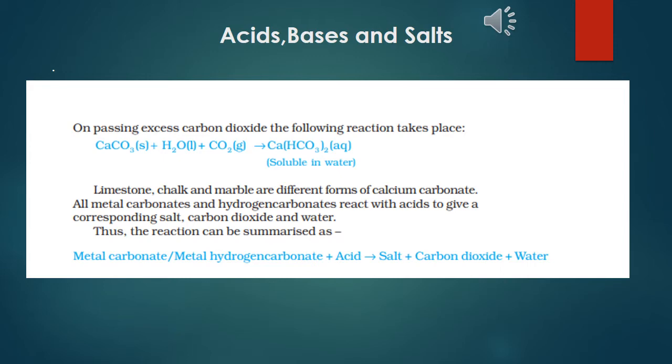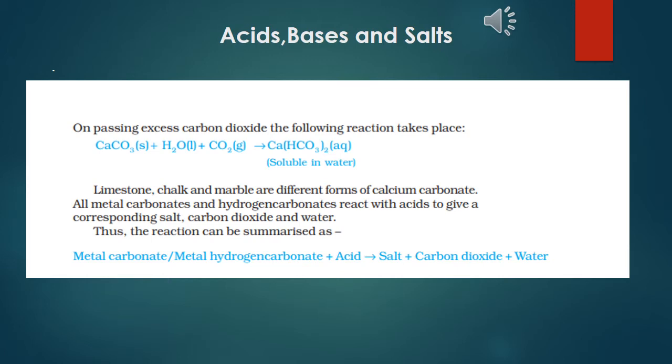The reaction can be written in the following way. Calcium carbonate, if it again reacts with water and carbon dioxide, forms calcium hydrogen carbonate, which is soluble in water. So student, you can see that after reacting carbon dioxide and lime water, calcium carbonate, a white precipitate, forms along with water.